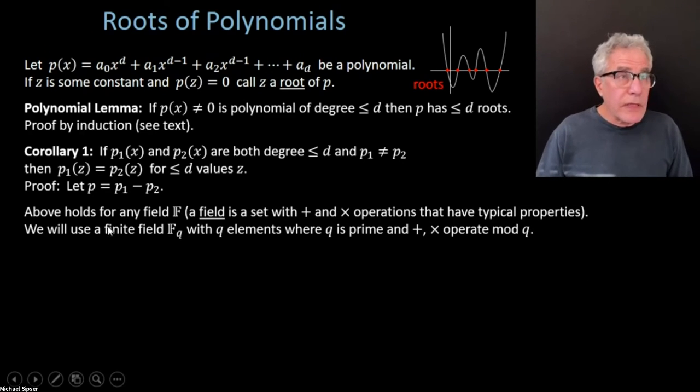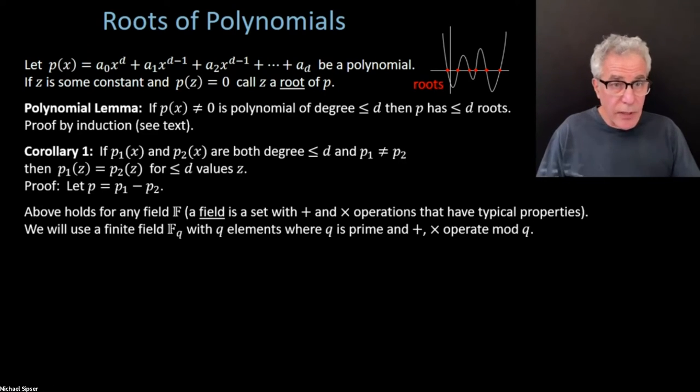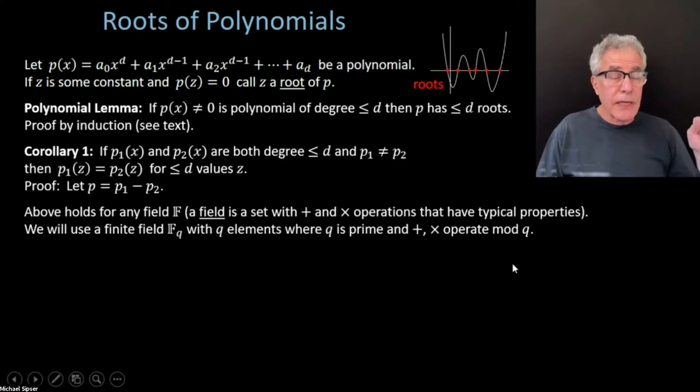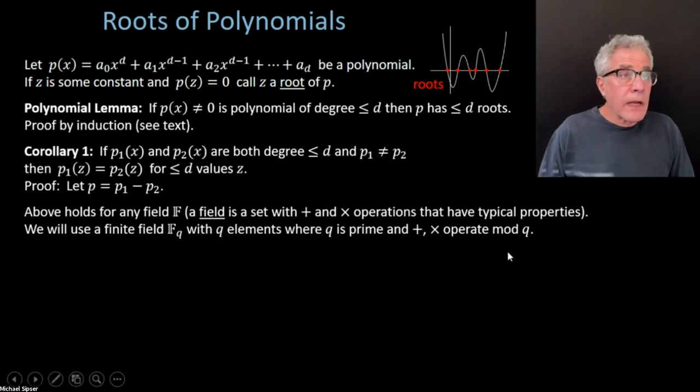Okay, now the above is going to hold for any field. A field is just a set with plus and times with the familiar properties of the distributive law and so on, and identities and all the stuff that you would expect plus and times to have in the normal world. And so we're going to talk about a finite field that has exactly q elements, where q is a prime number.